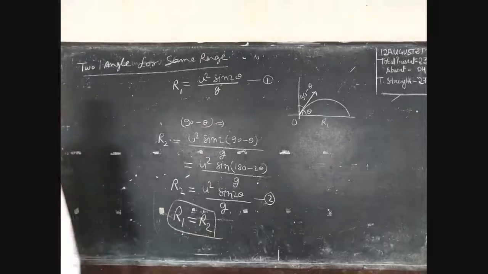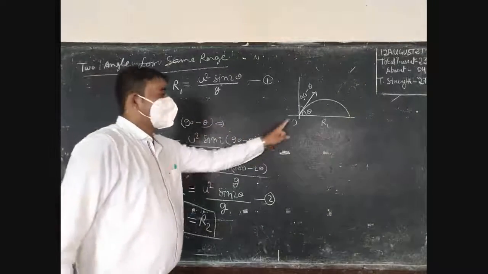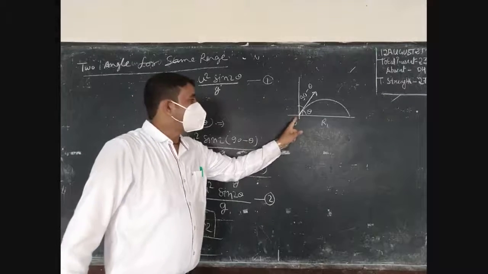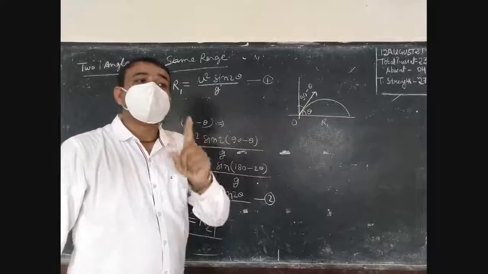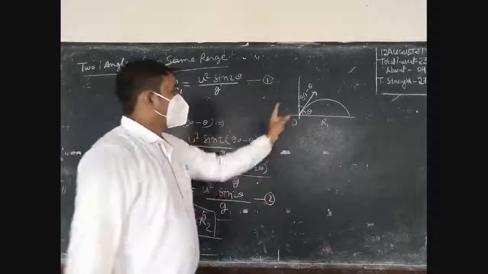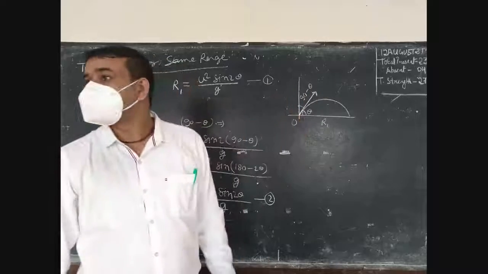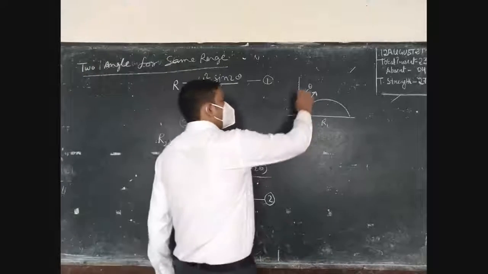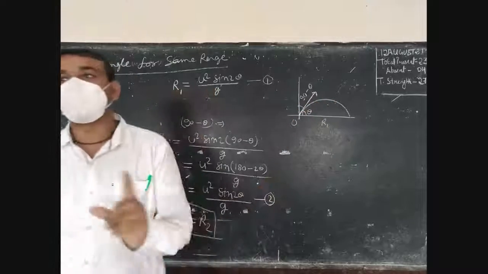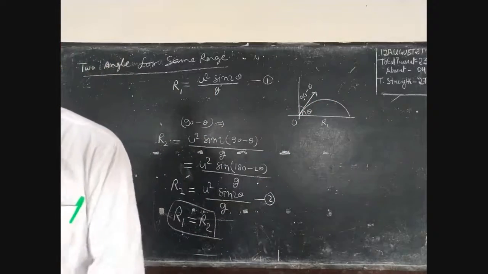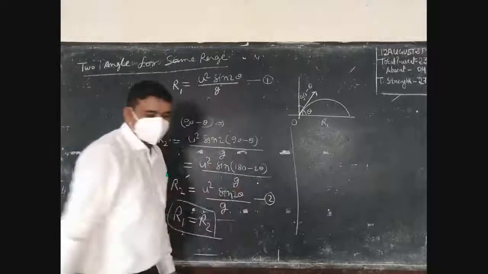Therefore, if we project the first projectile making an angle theta with the horizontal, the other projectile needs to be thrown with the complement angle, measured from the vertical direction, and then we get the same range as the previous one. Okay, so write a question.